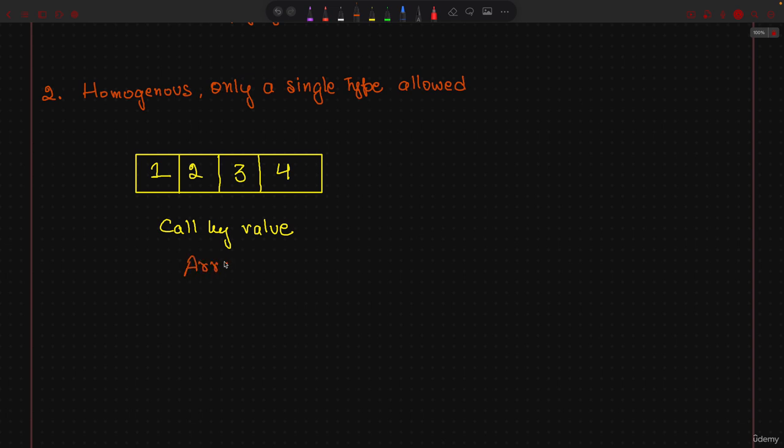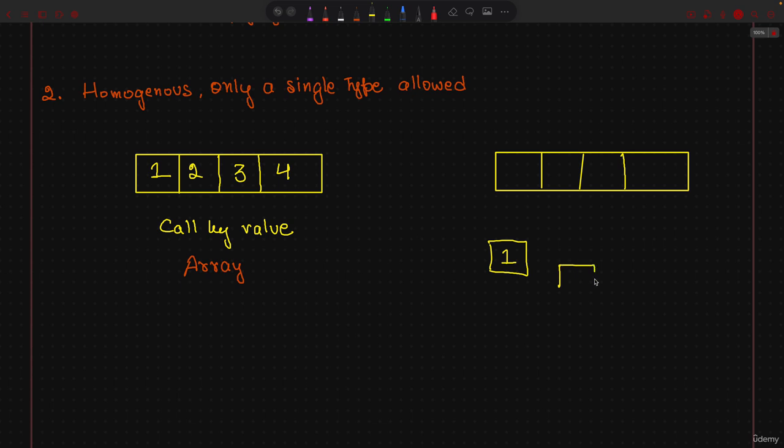Coming to list, in list, instead of storing the values by default, we store their references. So let me just show that as well, everyone. Here, I will be storing where this particular 1 is, where this particular 2 is, where this 3 is, and finally where the 4 is.